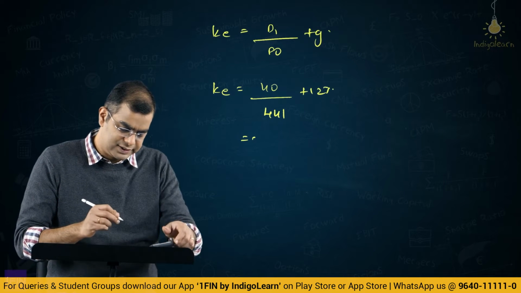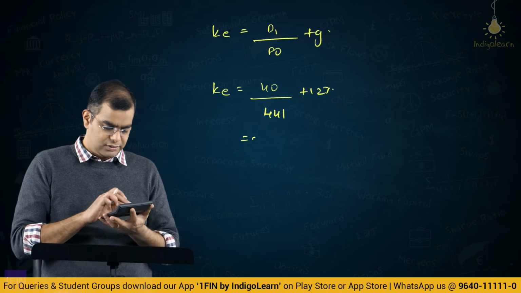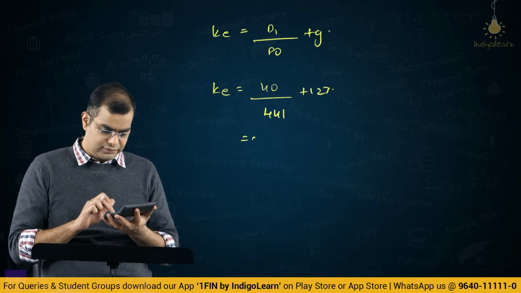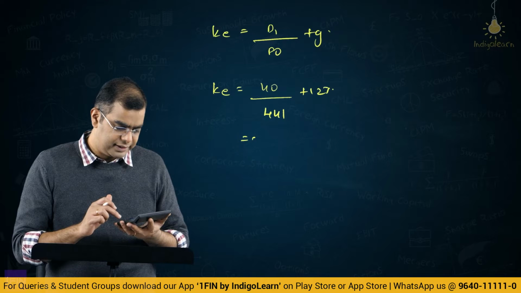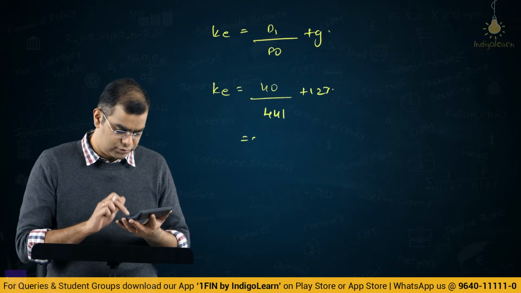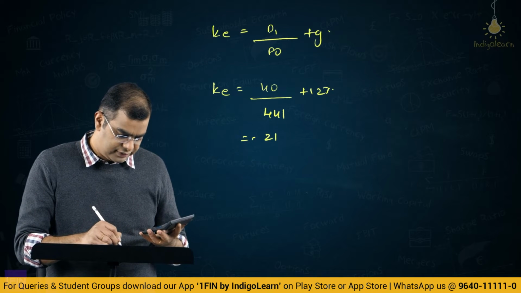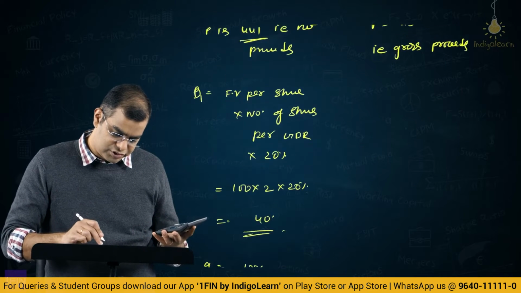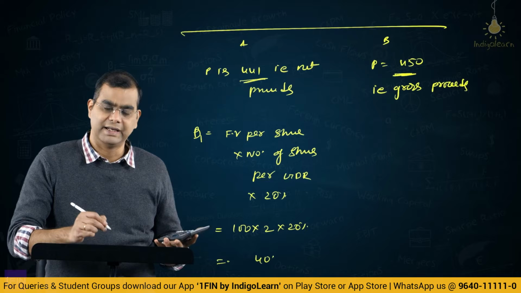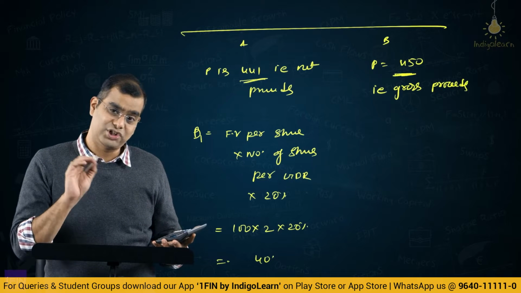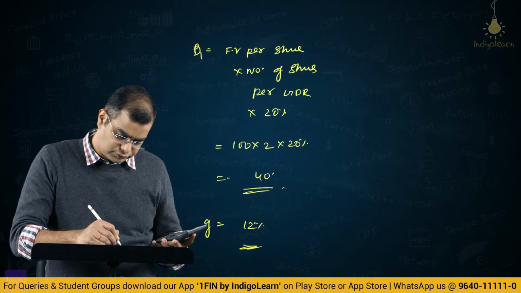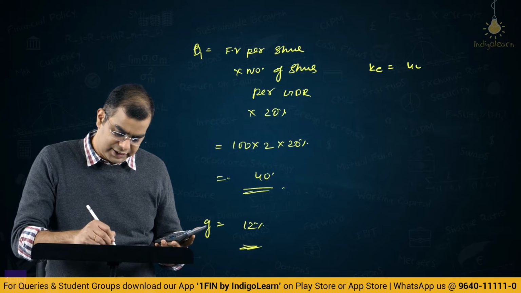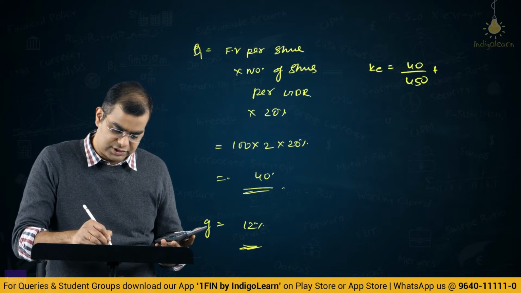So what you will get is 40 by 441, which is 9.07%, plus 0.12. So you will get 21.07%. Right. However, if you choose the other method, which is 450 as the price, because that is the price at which it will trade, then KE is equal to 40 by 450 plus 12%.